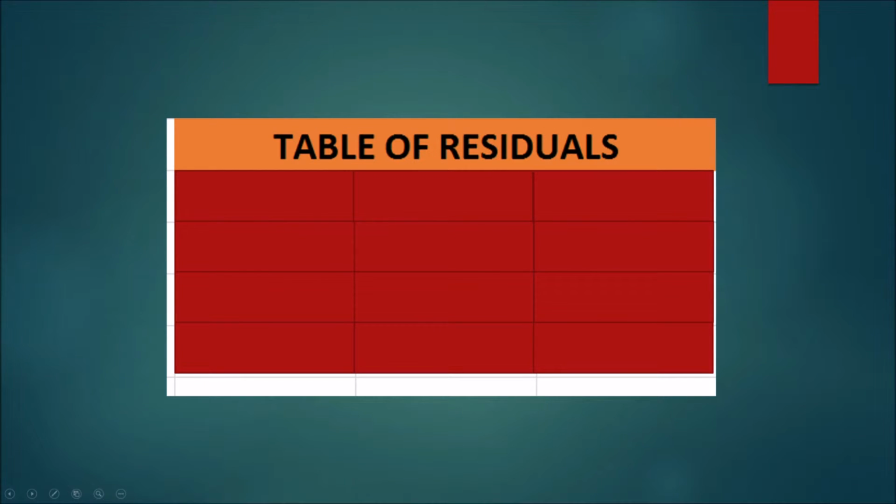Next, we need to obtain the residuals. These are obtained from the difference between the average of each row and the value of each cell. This table is arranged exactly the same way that the given values were.